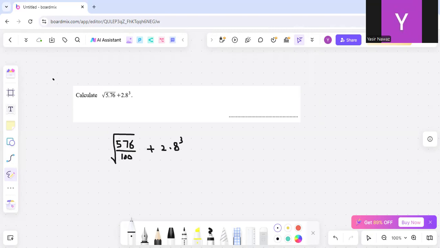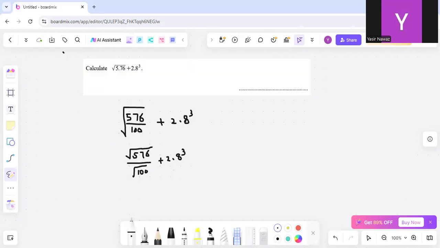So this can be written as the square root of 576 over the square root of 100. And this number can be written the same as it is. Even this can also be written in 28 over 10 form. So the square root of 576 is 24 and the square root of 100 would be 10. So 24 over 10 would be 2.4.